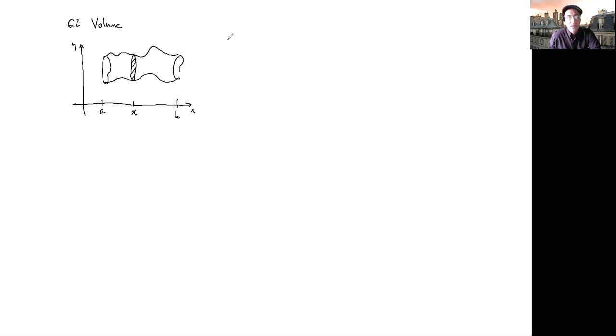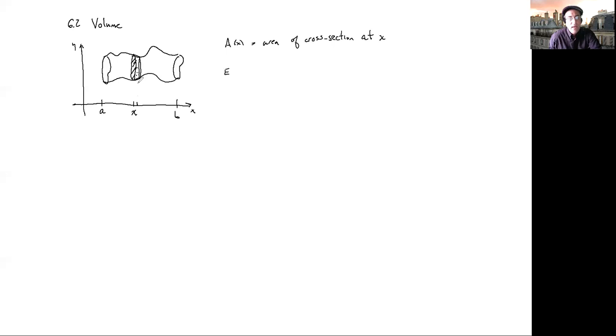So let A of x be the area of the cross-section at x. And now what I'm going to do is take a little slab. In fact, the method we're going to introduce is called the slab method. So we have a slab, and what I'm going to try to do is estimate the volume of the slab.